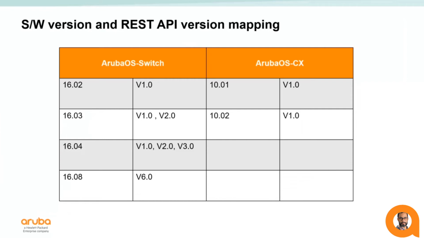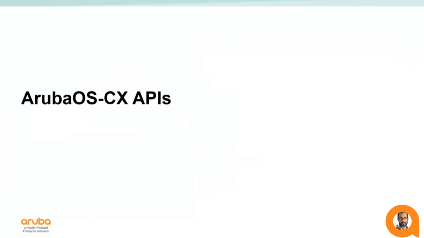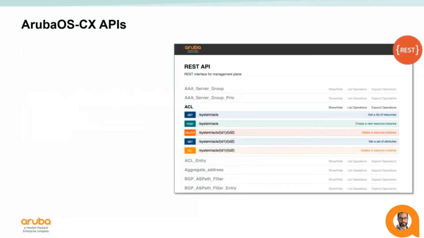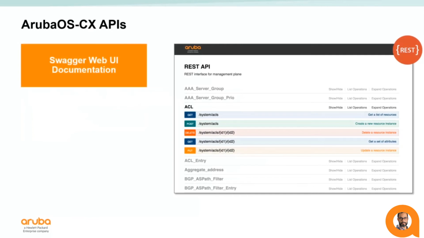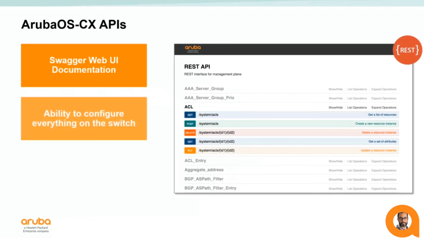API version 1. Every Aruba OS-CX device comes with the Swagger web user interface. This interface contains all the documentation for the API and the ability to configure everything on the Switch, and you can monitor any state or pull any statistics by using the API.